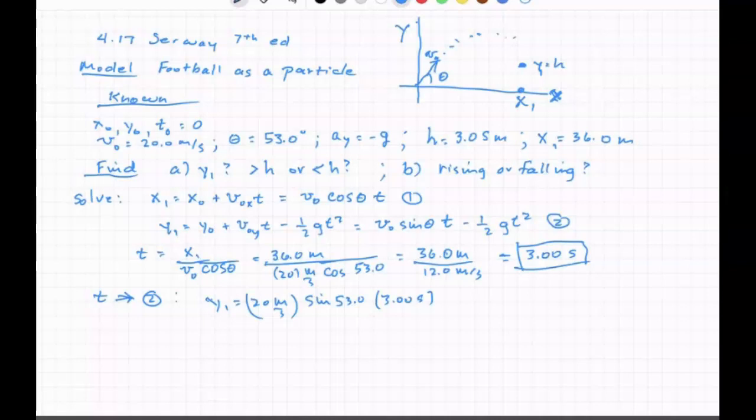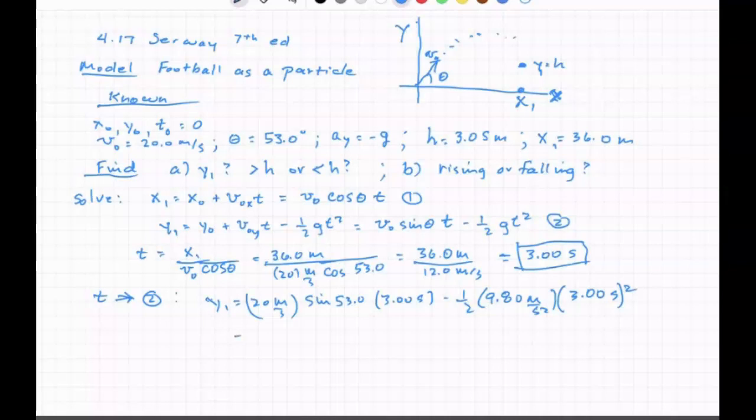And then we subtract from that 1/2 times 9.80 meters per second squared times the time, which is 3.00 seconds, and that has to be squared.